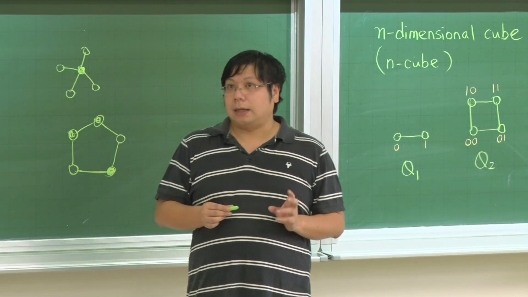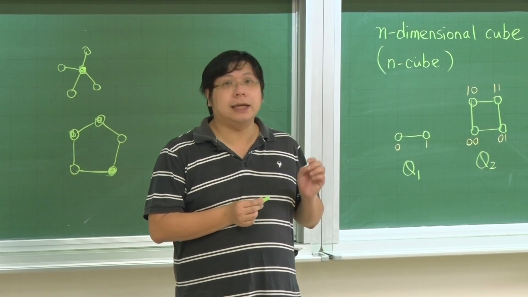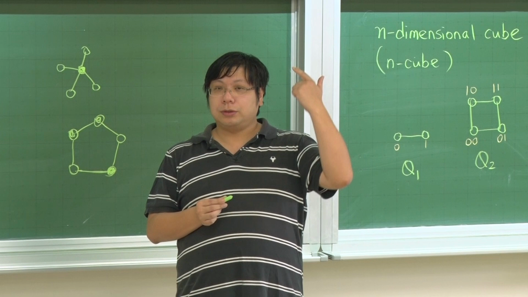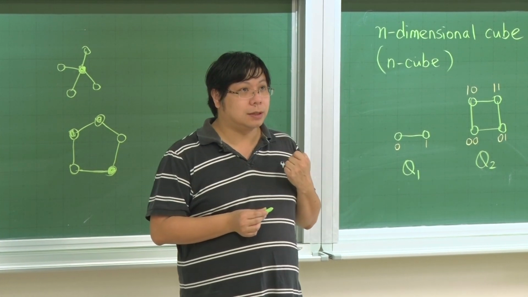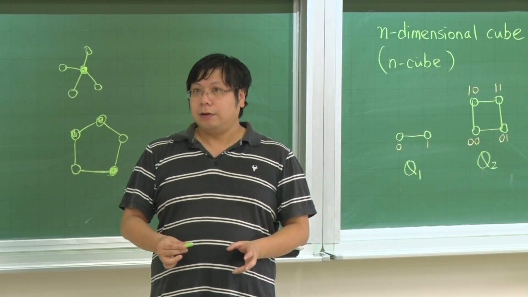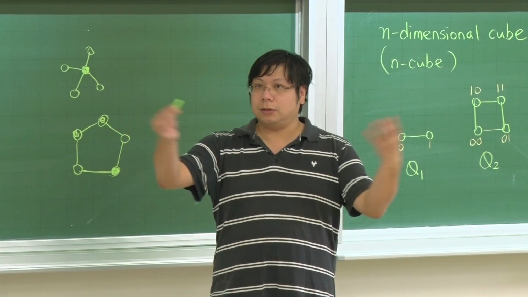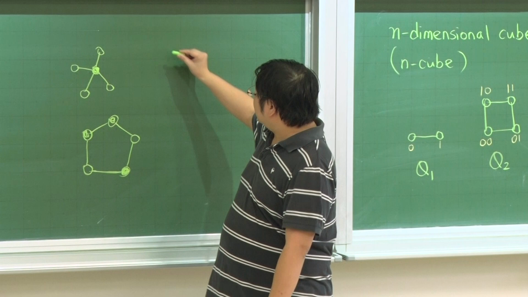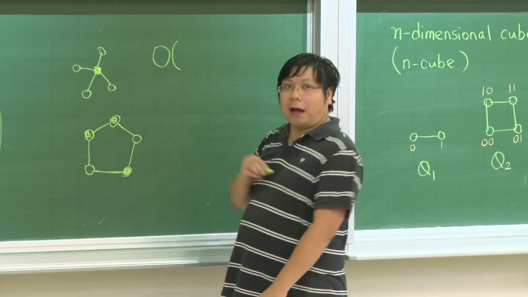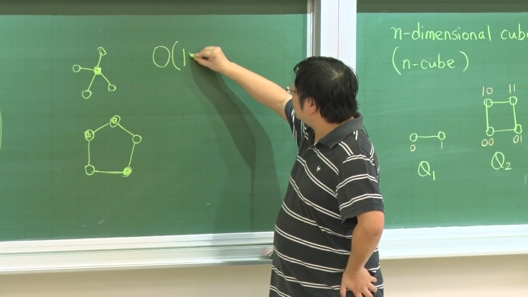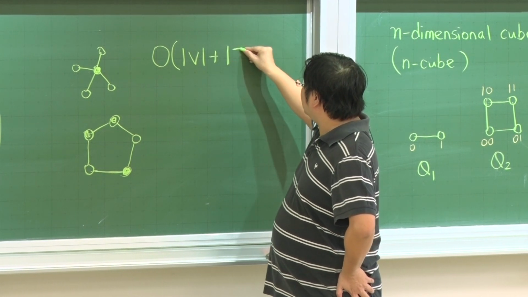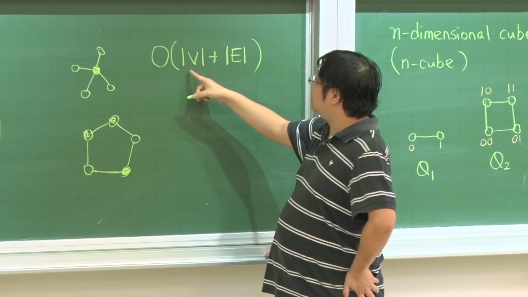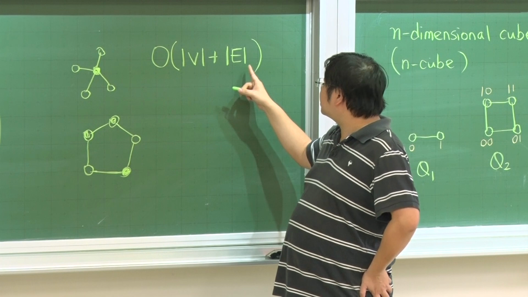Linear means that the running time should be linear in the number of edges and the number of vertices. If the graph has 10 edges and 30 vertices, then it should run in order of 30 plus 10. So a linear time algorithm for a graph problem is one that can run in order V plus E time, where V is the number of vertices in the graph and E is the number of edges in the graph.